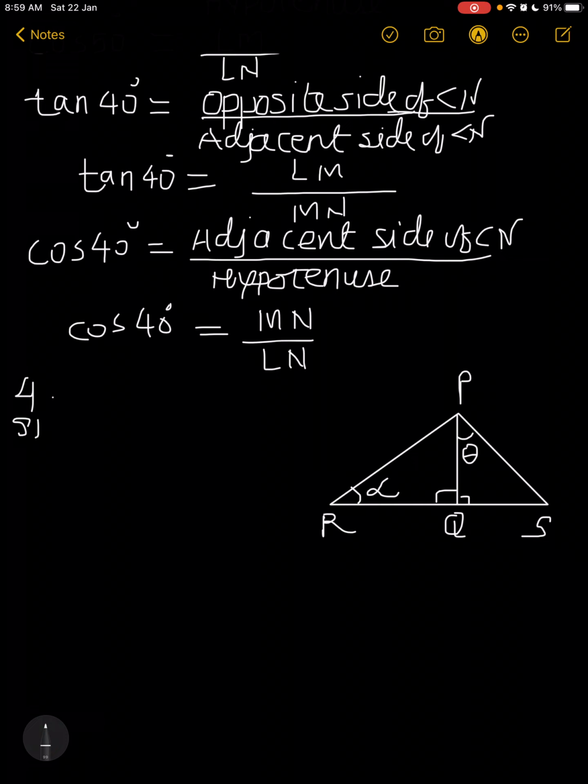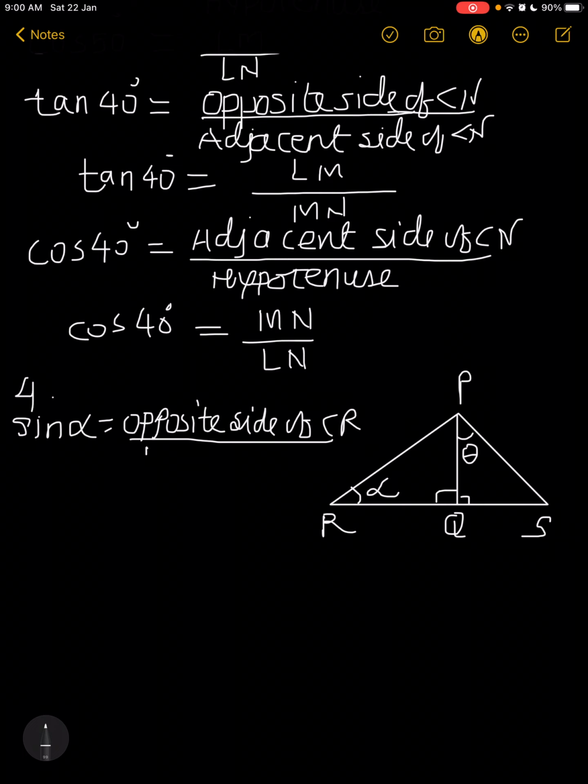Ratio number 1, sine alpha. So you will take this triangle PQR because alpha is a measure of angle R in triangle PQR. So in triangle PQR, I write opposite side of angle R and the hypotenuse because alpha is the measure of angle R. In this triangle PQR, for angle R, opposite side is PQ and the hypotenuse is PR.